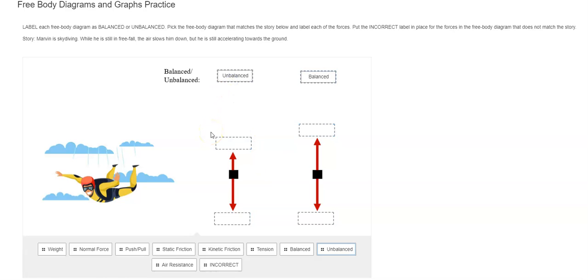Now, I'm not going to actually read this story. What I'm going to say is if I read the story and I find that my forces should be unbalanced, that means my unbalanced forces are going to get labeled. The forces in my balanced free body diagram, I don't want to use that one, so I'm just going to label this as incorrect.